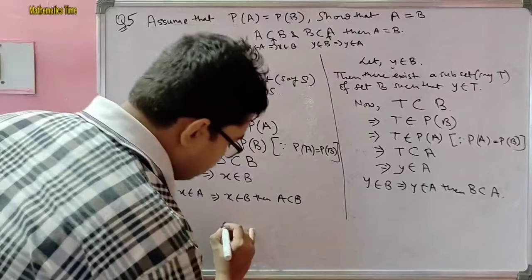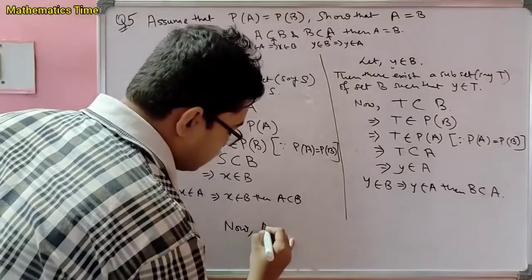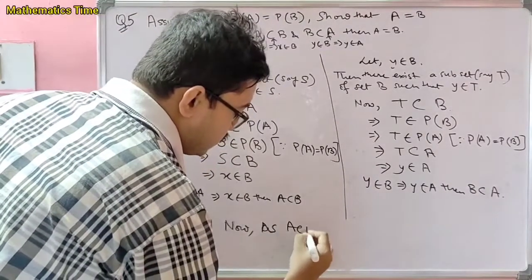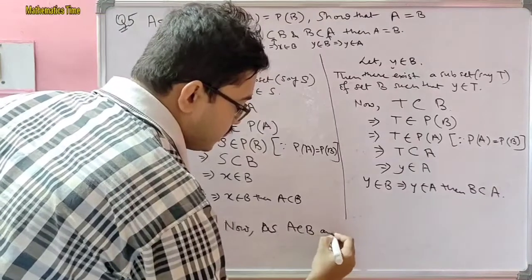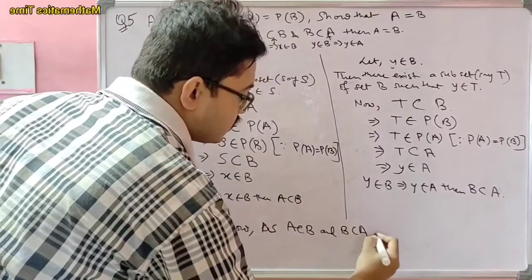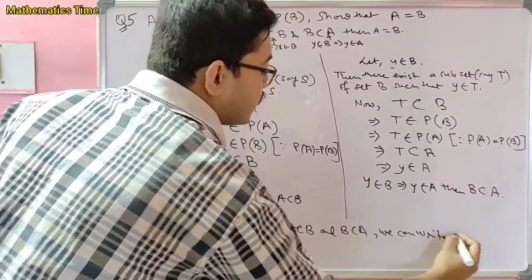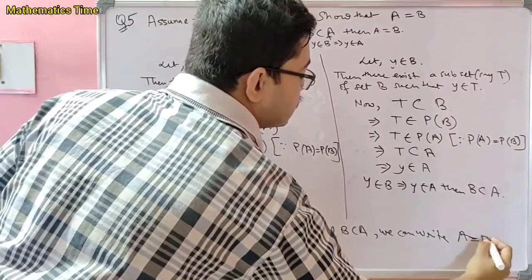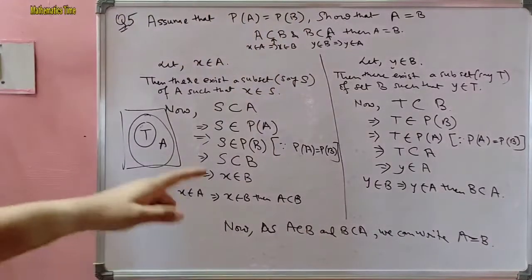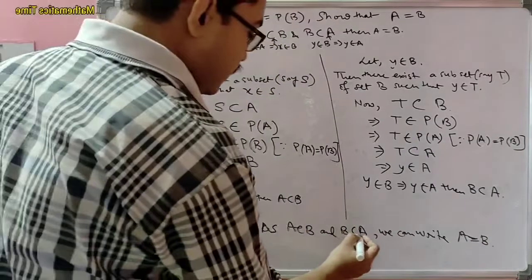Now as A is a subset of B and B is a subset of A, we can write what? We can write A is equal to B. This is by definition. If A is a subset of B and B is a subset of A, we can write A equal to B.